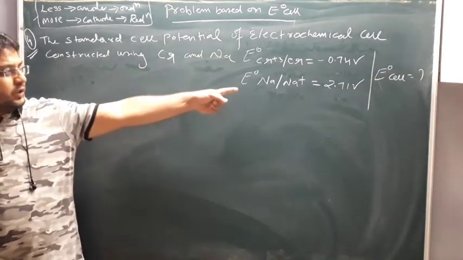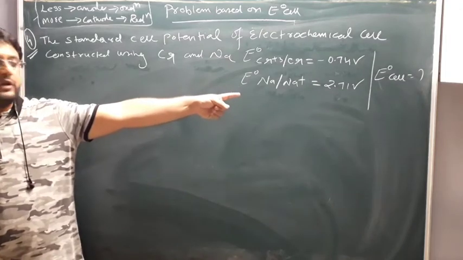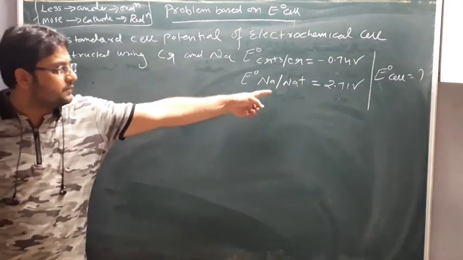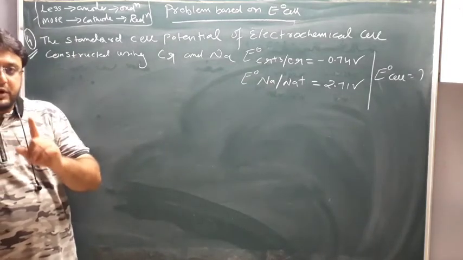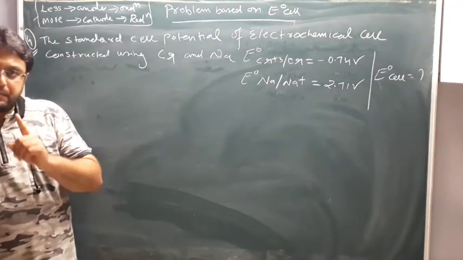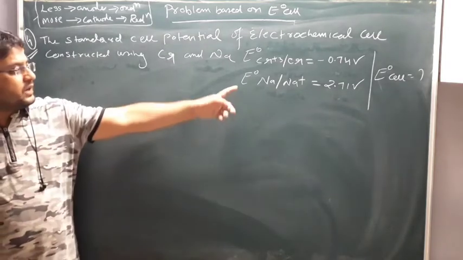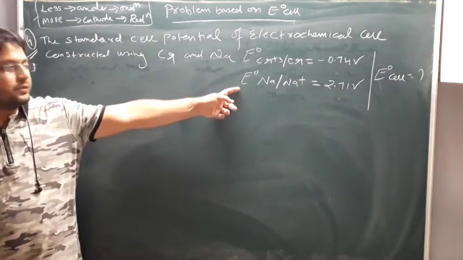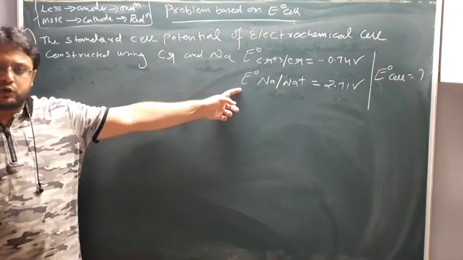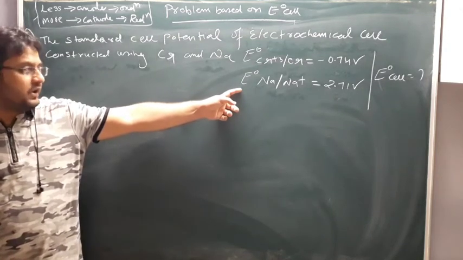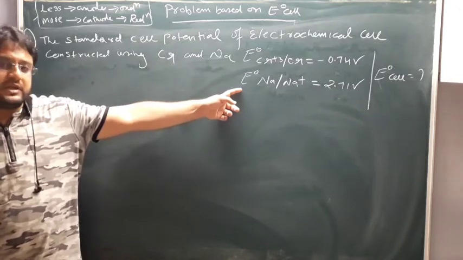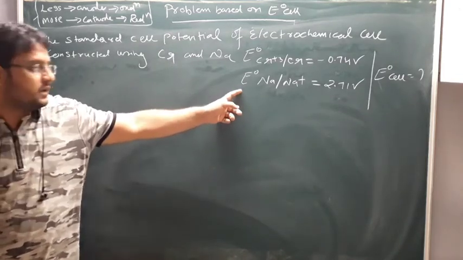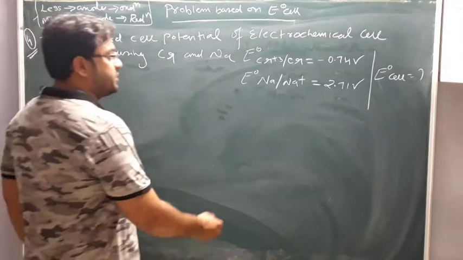But in sodium, they have given the oxidation potential value. And I told that always the problem will be solved with the reduction potential value only. So first convert this sodium into the reduction potential value. You know the relation between oxidation and reduction potential value, that is equal in magnitude but opposite in sign.